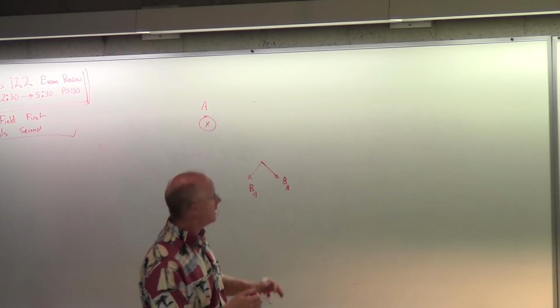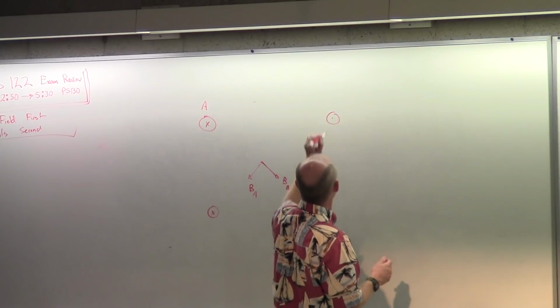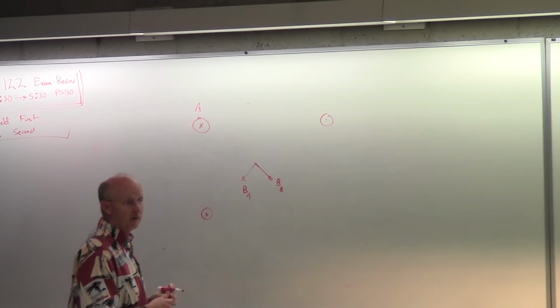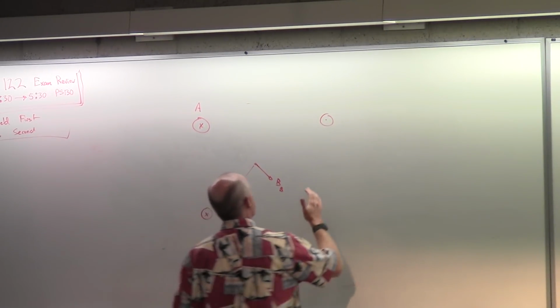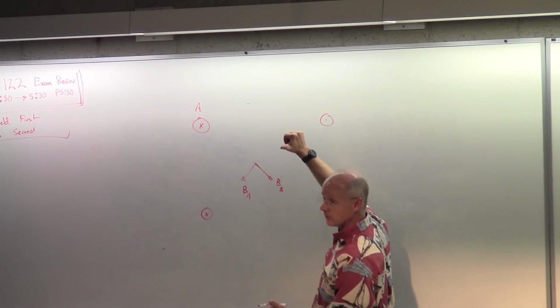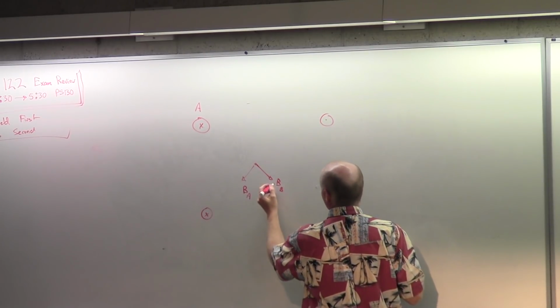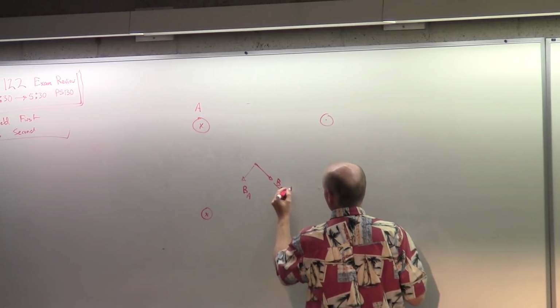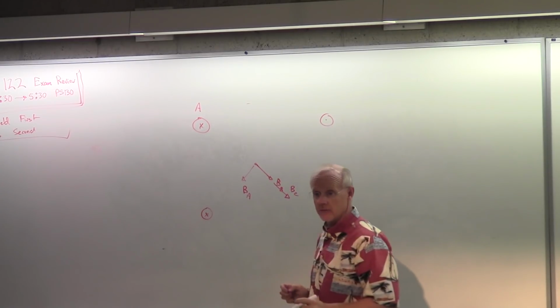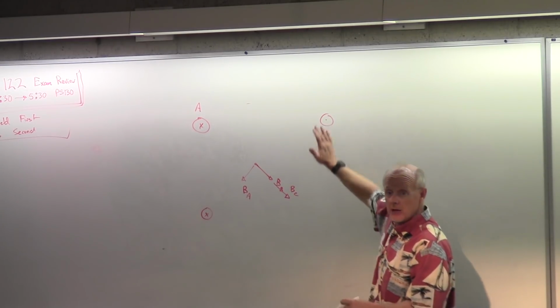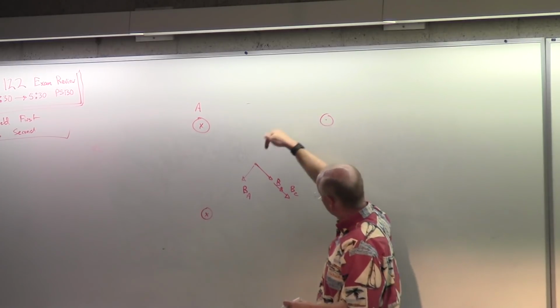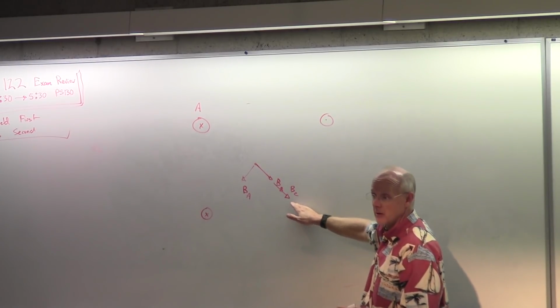What about C? Wouldn't that be the direction of the magnetic field at C? I would take my right hand, grab the wire, thumb out of the board, and so I'd get a magnetic field going this way.